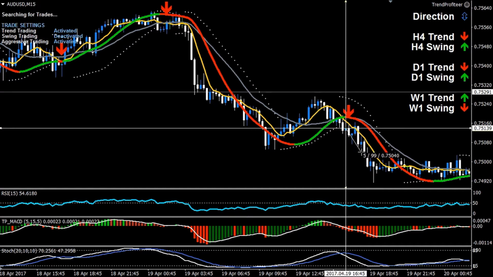It went pretty much straight down. 10 pips here for a 1-to-1 reward to risk ratio. 20 pips here for a 2-to-1 reward to risk ratio. Went a couple more pips further than that, but 2 good trend trades occurring as a trend trade sell, aggressive trade type on the short 15-minute time frame.